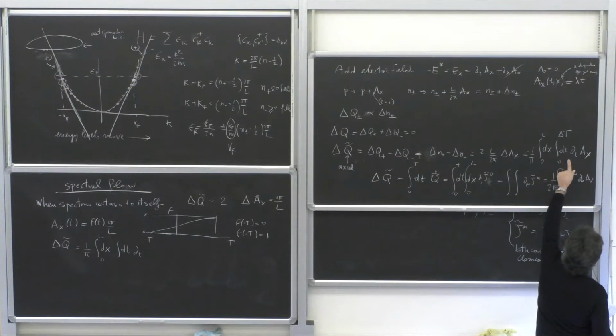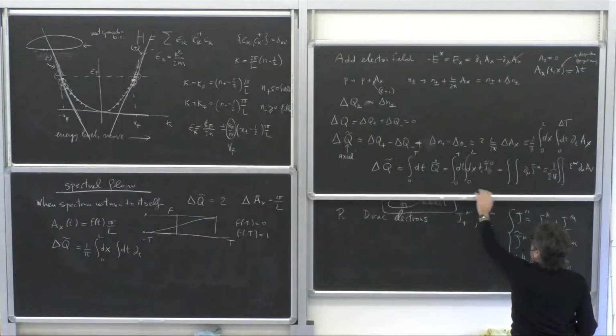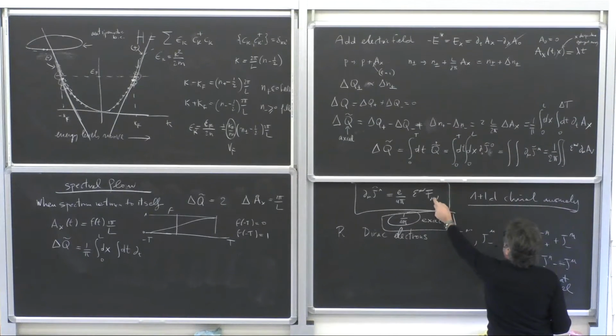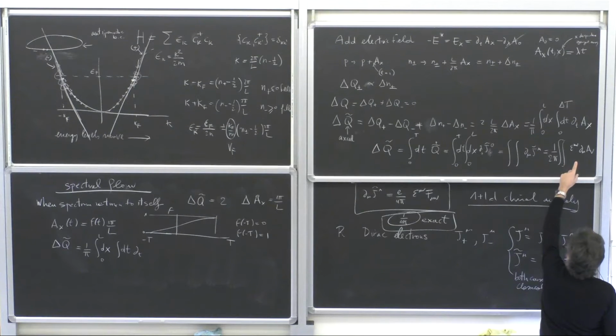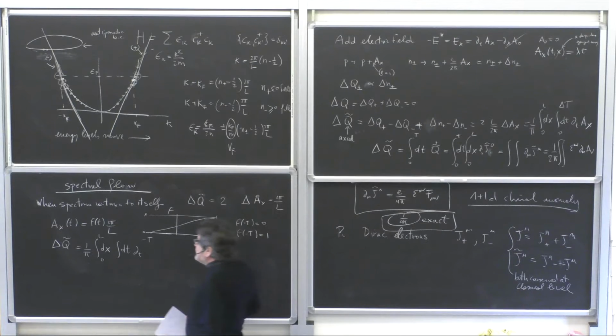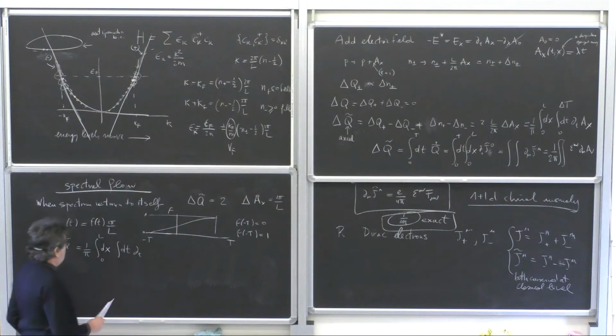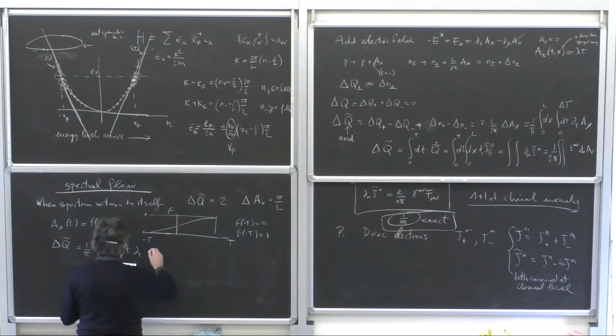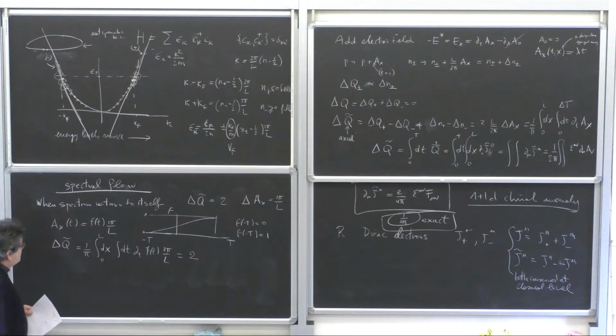So it only depends on the value of A at the extrema. Once it is rewritten in this form, it is independent of the time dependence of A, it only depends on the extrema. So in between it can be anything. And that makes 2. It's 2 in this form.